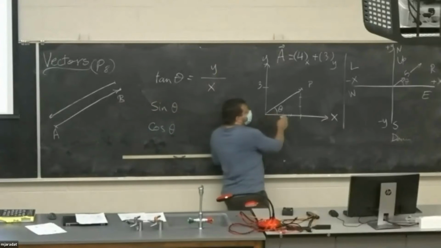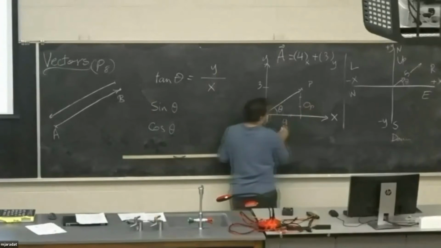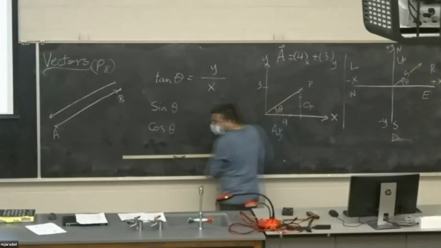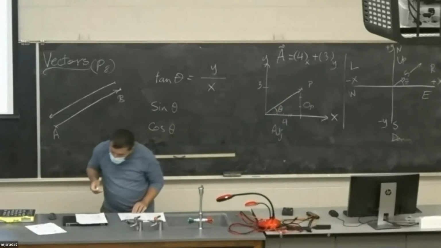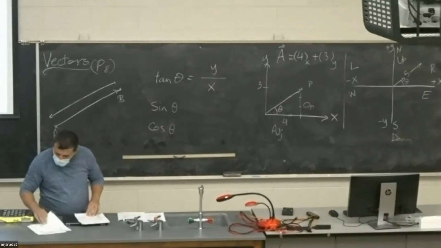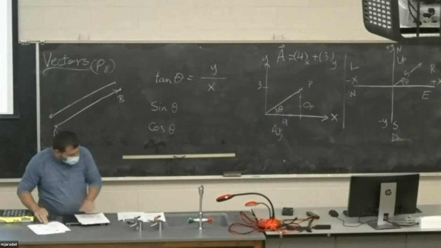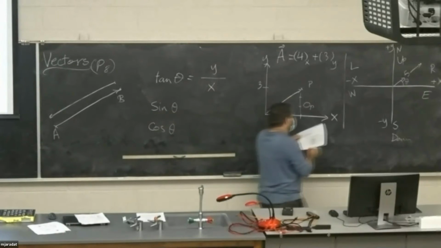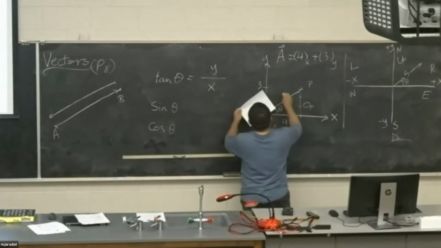We have this angle theta. This is the opposite, this is the adjacent. What is the name of this? The vector length A, or the hypotenuse or something like that. I'm not good at names.